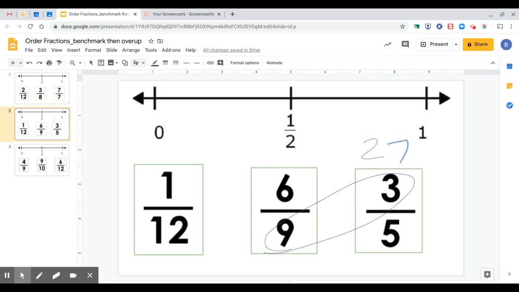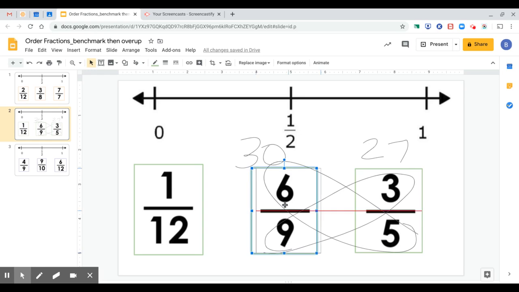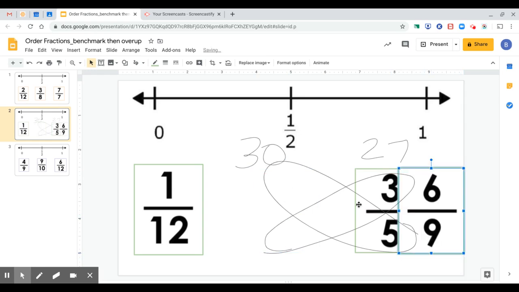And then I'm going to go the opposite direction. 5 times 6 is 30. So it is a good thing I checked. They're very close. So 6/9 is in fact the bigger fraction. So I'm going to move that to the other side, and 3/5 would go in the middle.